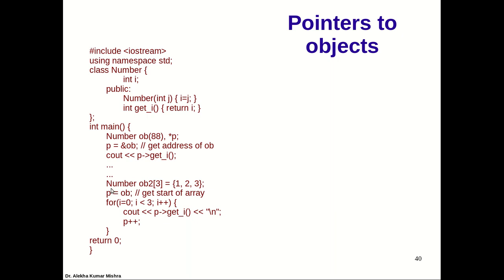Then we have created objects here, an array of 3 objects. Using the shorter form is possible because I have a parameterized constructor that can take a single value. I have created an array of objects of size 3 and initialized them to 1, 2, 3, since it's a single data member. Then p equal to ob.